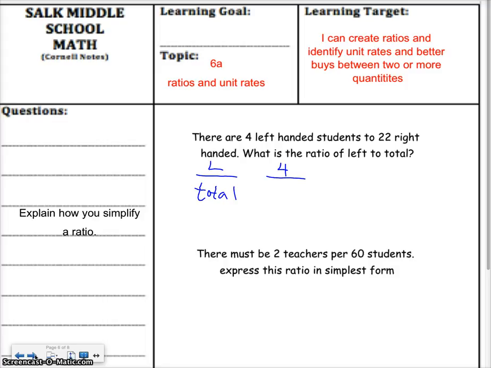I have my left hand and my right hand, so my total is 4 plus 22, 26. Then you must simplify. Divide them both by 2, 2 over 13. That is my ratio of left-handed to total kids. So what that means in real life context is if I have 13 kids, I should have about 2 left-handed kids for every 13. That's what that means.